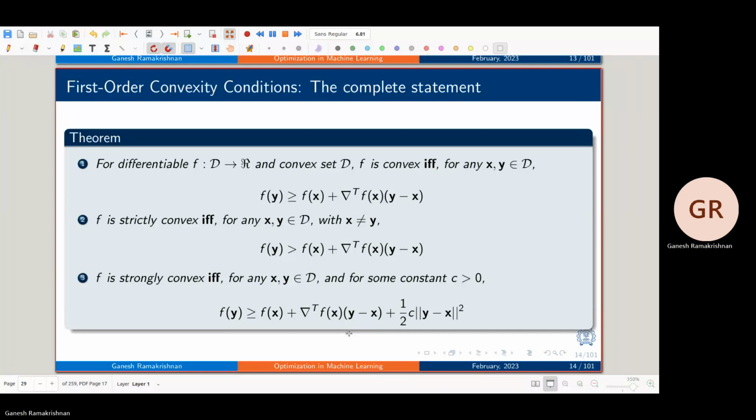And what we are saying is that for every other point y in the domain, (y, f(y)) will lie on one side of the hyperplane, the upper half space.